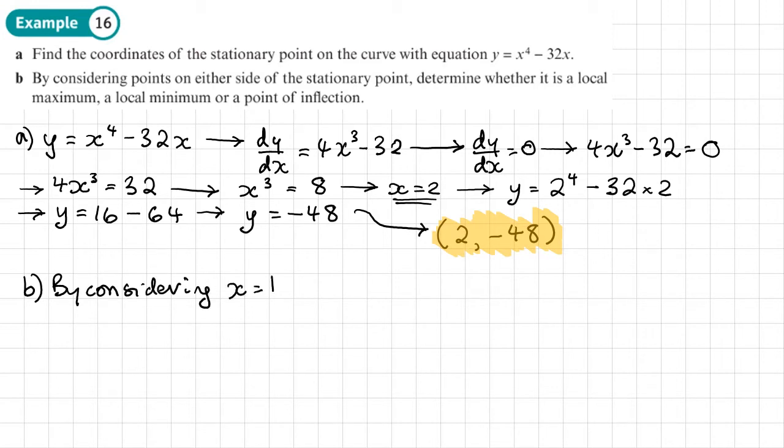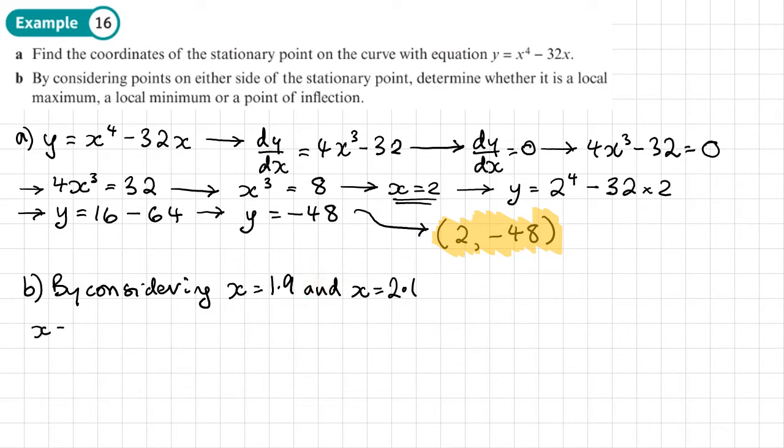So let's say by considering x equals 1.9 and x equals 2.1, we'll use that to help us identify the type of turning point that we have. So we're going to put these x values into the derivative dy/dx and see whether we get positive or negative values.